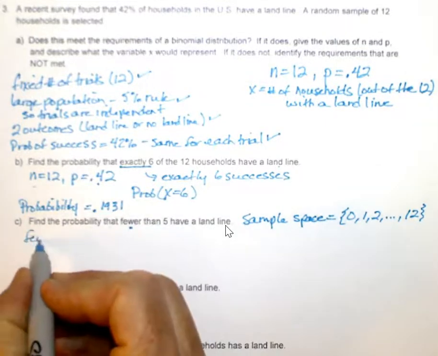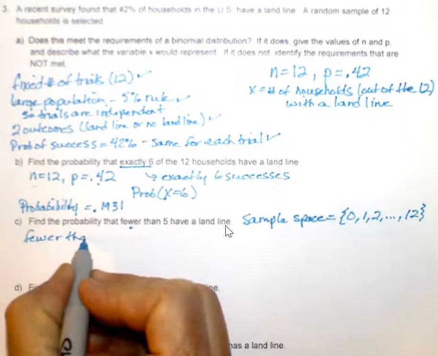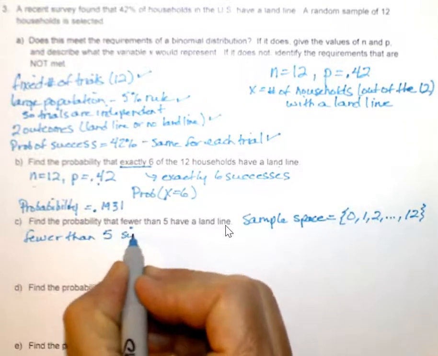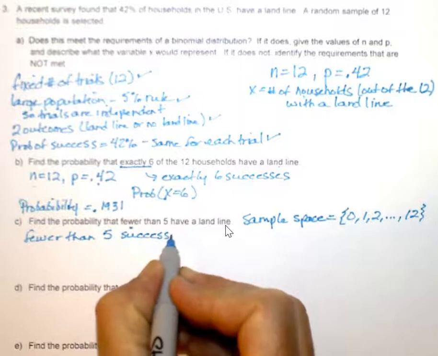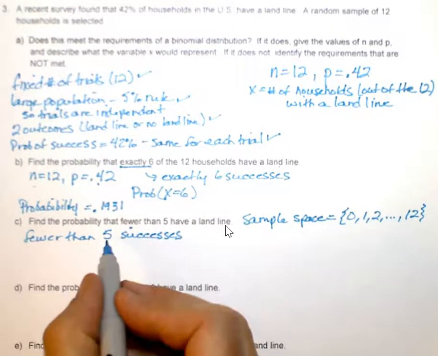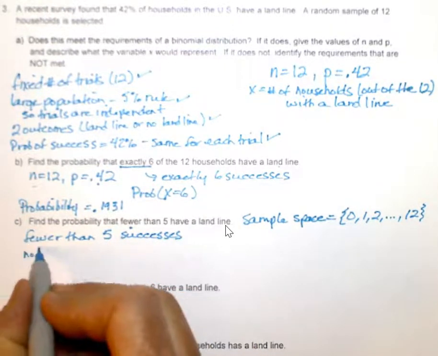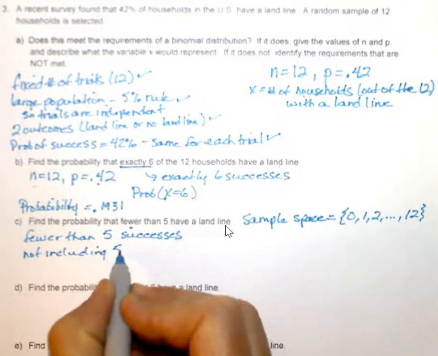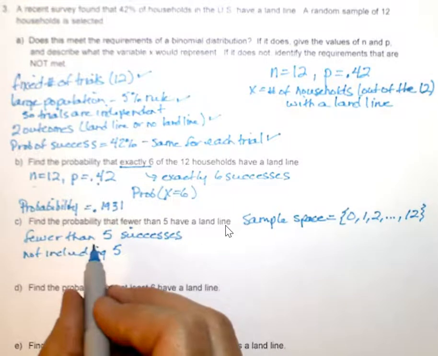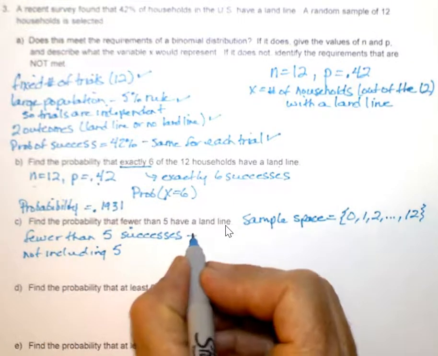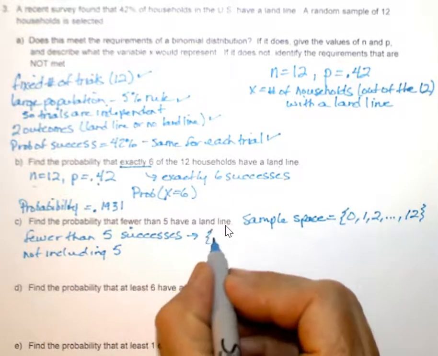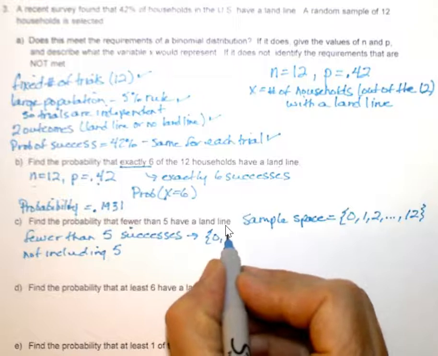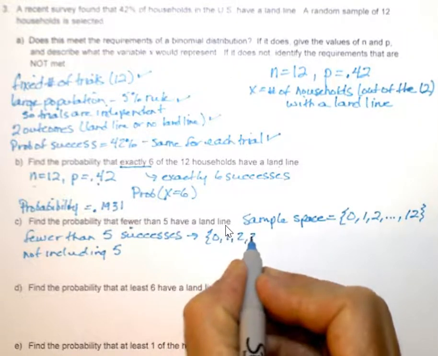So if we're trying to find the probability of fewer than 5 successes, fewer than 5 means we're not including the 5, but we're including everything less than that. So this would mean we'd be looking for the probability of 0, 1, 2, 3, or 4.